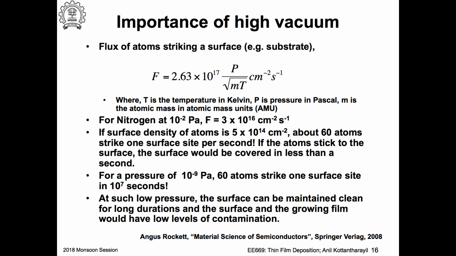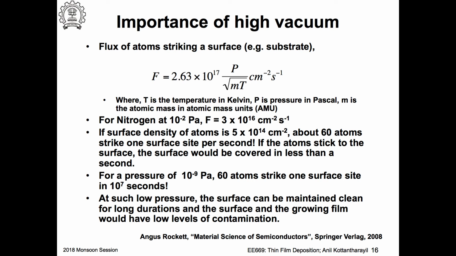But now, in the context of deposition on a substrate in a vacuum chamber, the surface density of atoms is in this range. It varies a little bit here and there, depending on the material you're talking about, and also depending on the crystal orientation and so on. But this is some typical number.